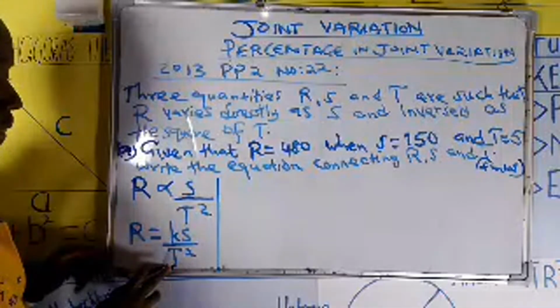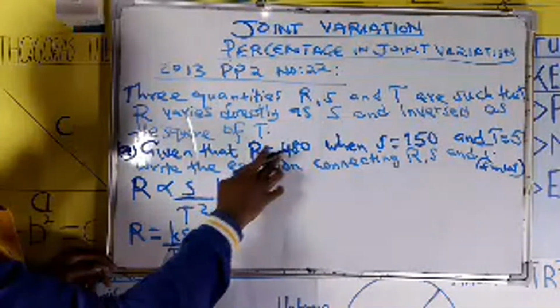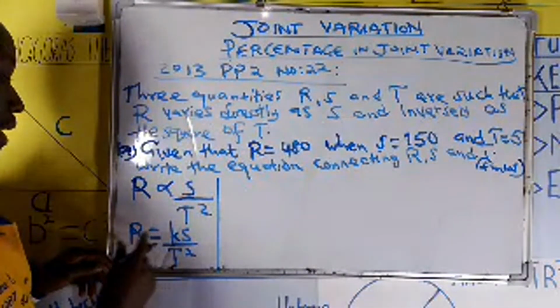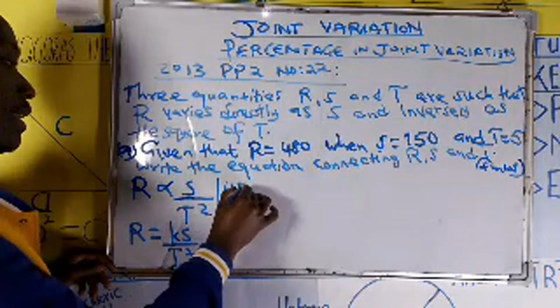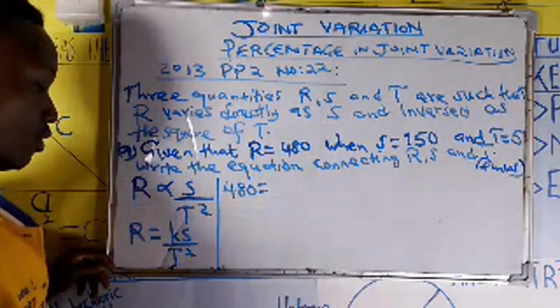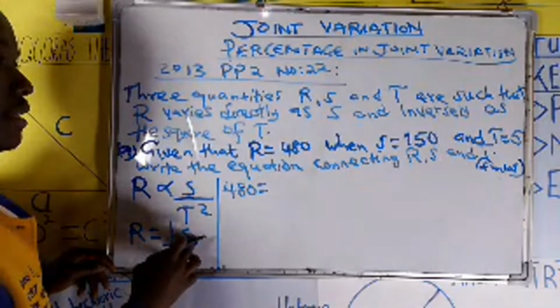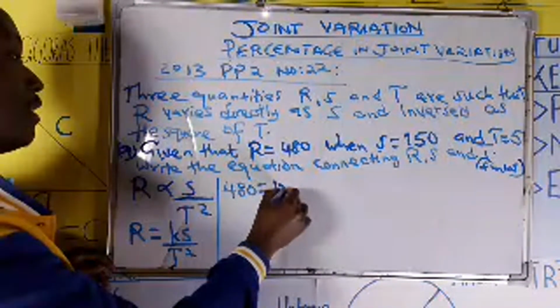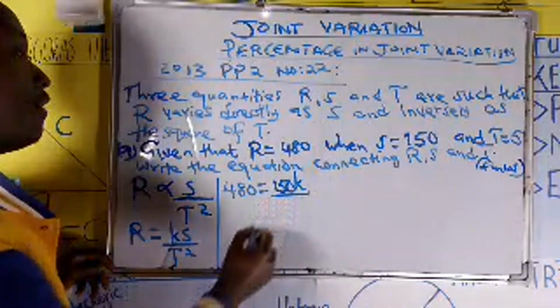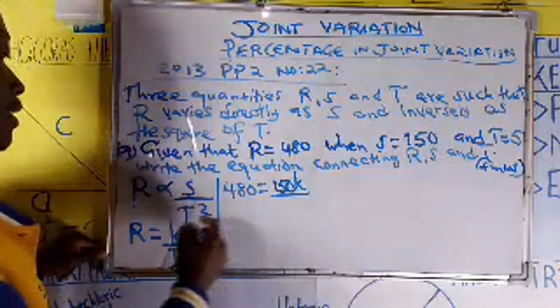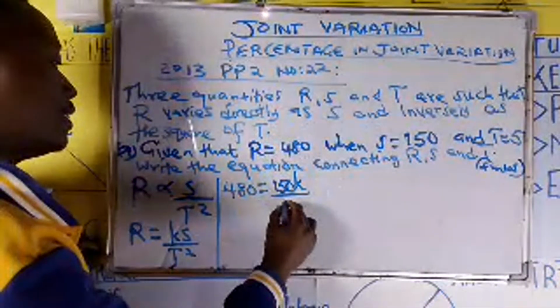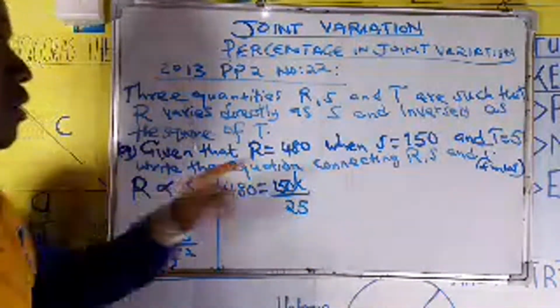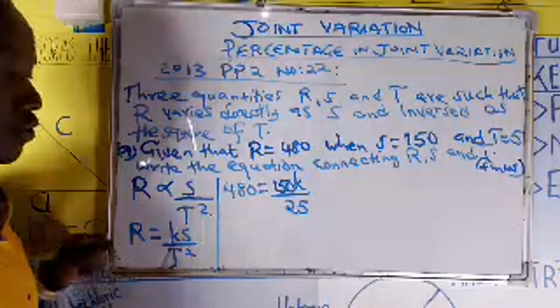Once we do this, we are now going to introduce our values so that we can find K. So our R is 480, S is 150, so it is 150K over T squared, where T is 5, so 5 squared is equal to 25.